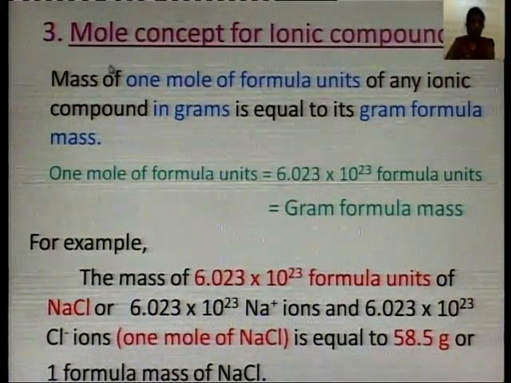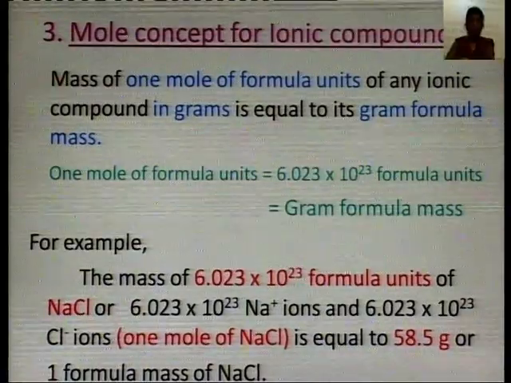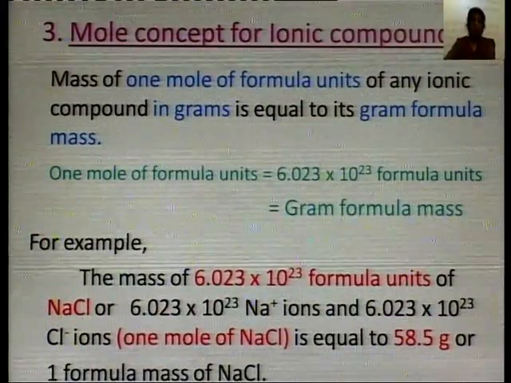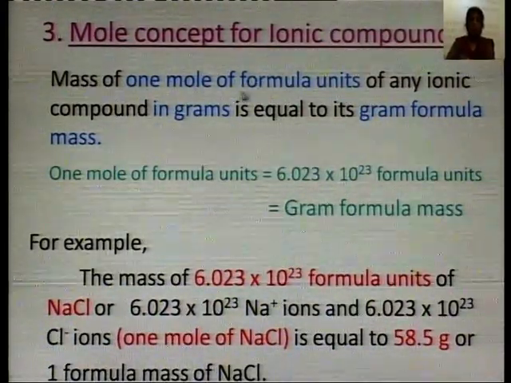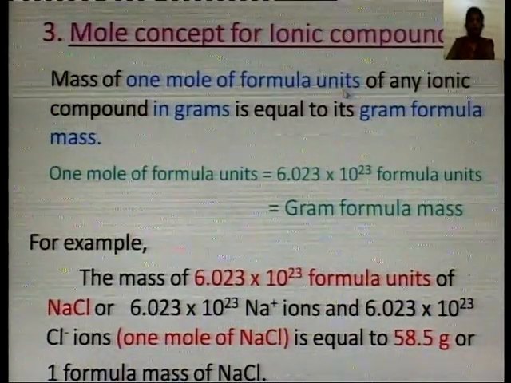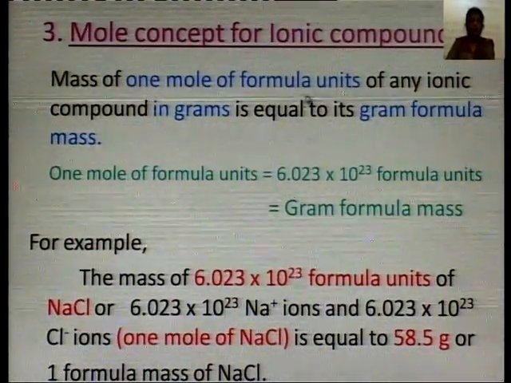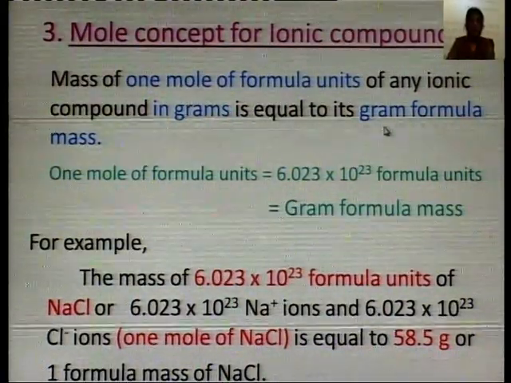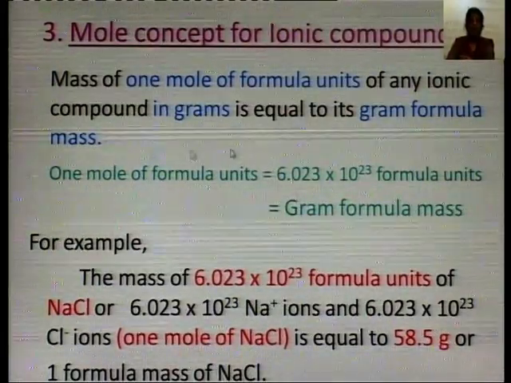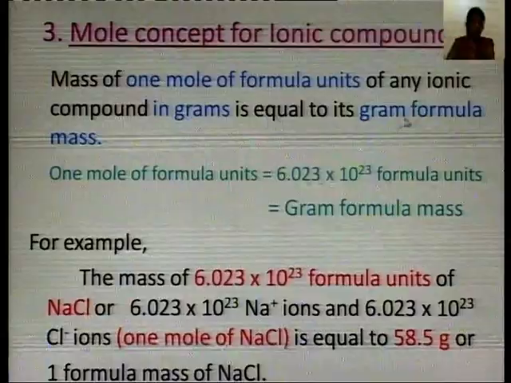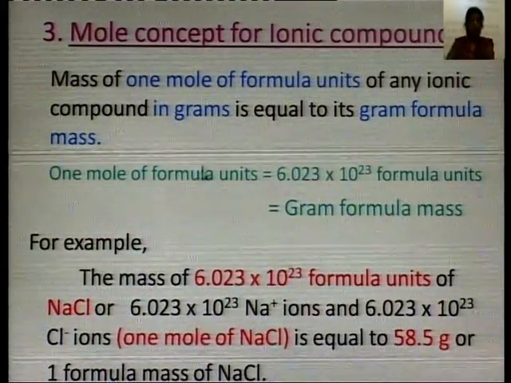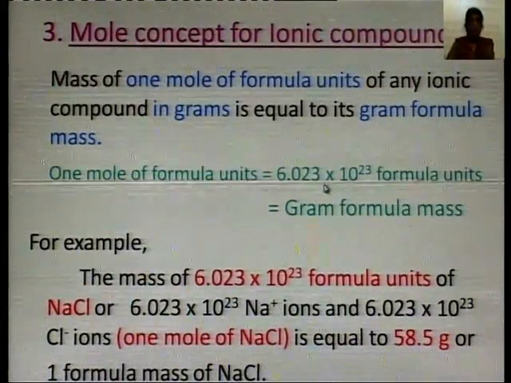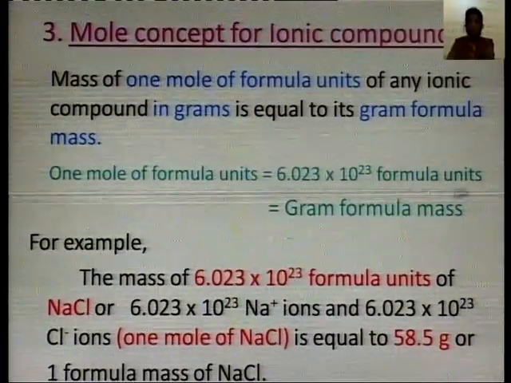Similarly, there is a relationship in the mole concept for ionic compounds. Mass of 1 mole of formula units of any compound. For ionic compounds, we do not use the term molecule, we use the term formula units. So, mass of 1 mole of formula units for any ionic compound in grams is equal to its gram formula mass. Here, instead of using the term gram molecular mass, we will use the term gram formula mass. So, 1 mole of formula units is equal to 6.023 into 10 raised to power 23 formula units.